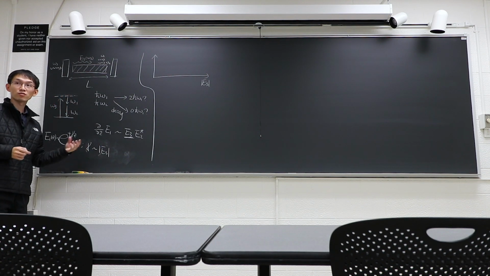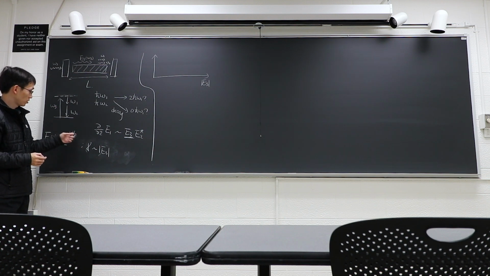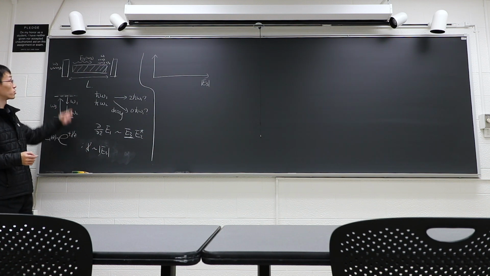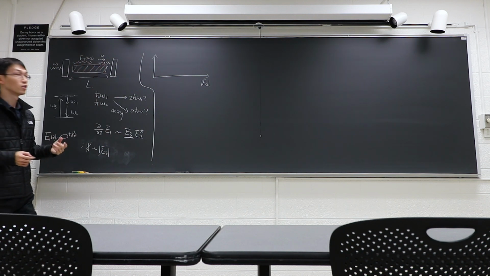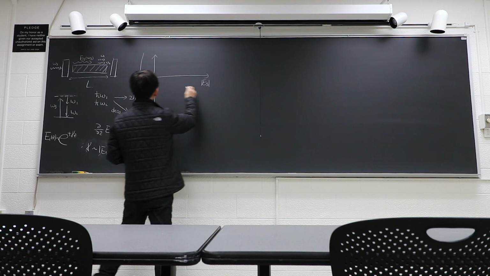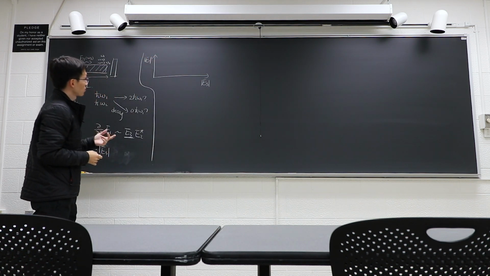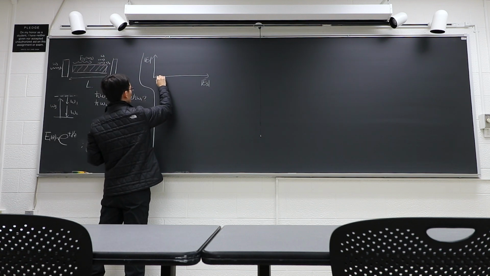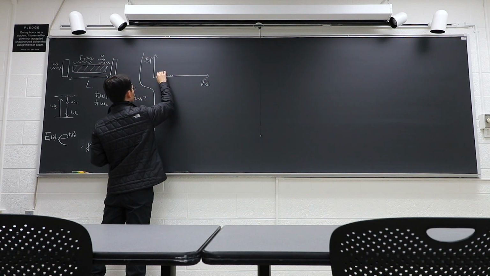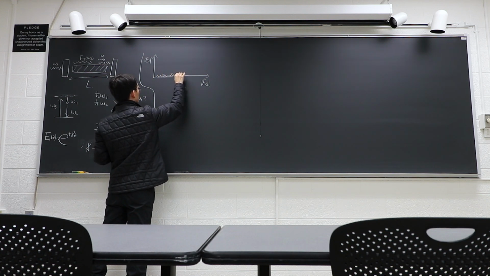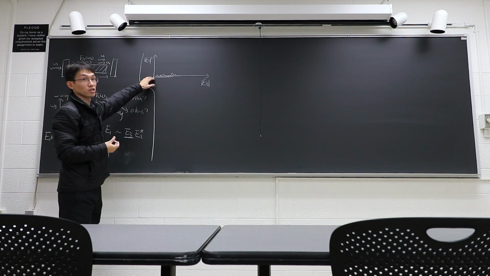So E3 controls the gain of your system. If E3 is higher, you have more amplification and more photons. So what will happen to your E1? Typically, below threshold, we just have some noise.